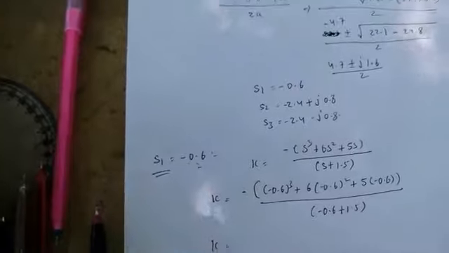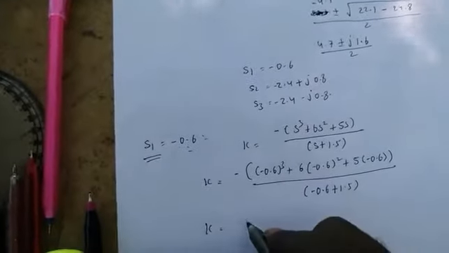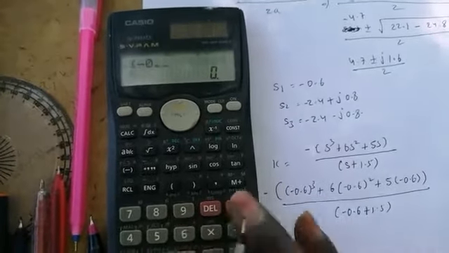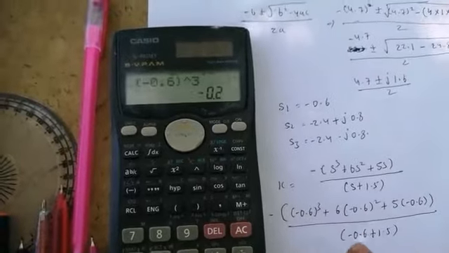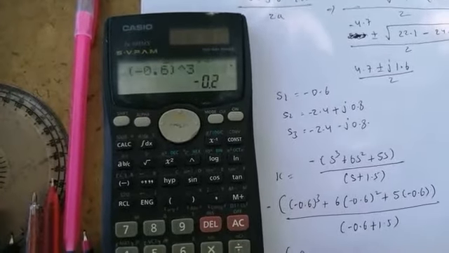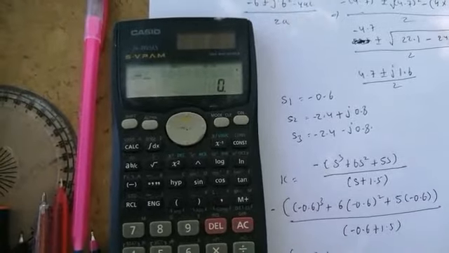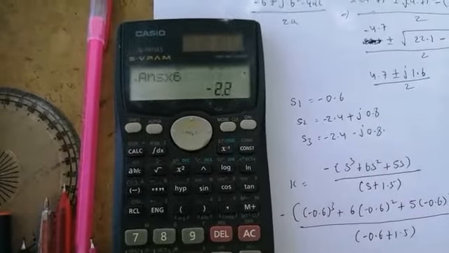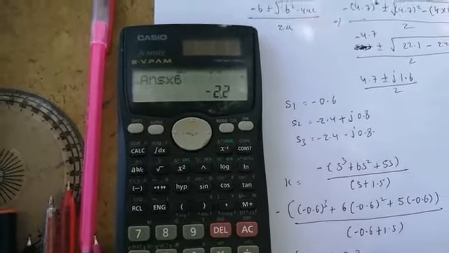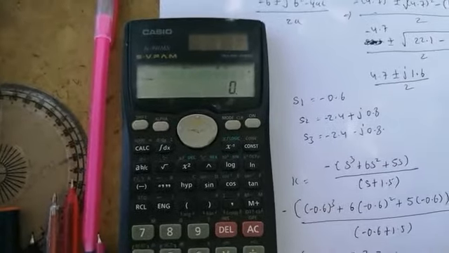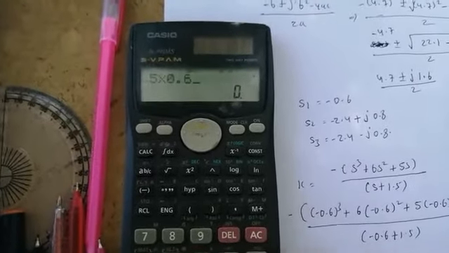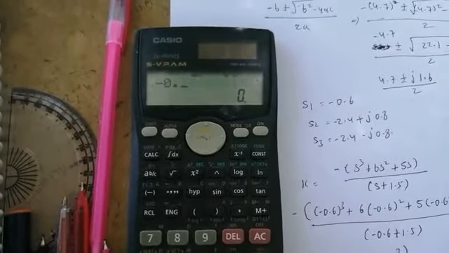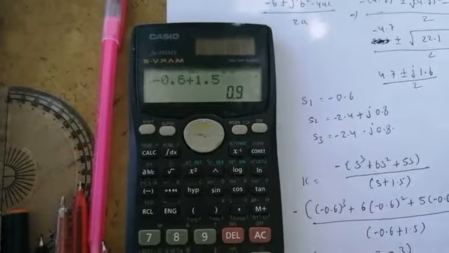So k equals minus of minus 0.6 whole cubed, that is minus 0.2, plus minus 0.6 whole squared into 6, that is 2.2, minus 5 into 0.6, that is 3, divided by minus 0.6 plus 1.5, that is 0.9.